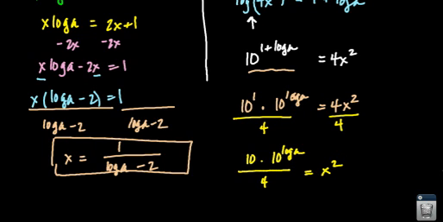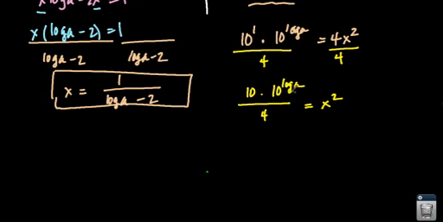One more simplification before we go. 10 to the log base 10 of a is a. Anytime you have 10 to the log base 10 of something, you're left with that something. That's just another property we're reviewing here. So this becomes 10a over 4 equals x squared.